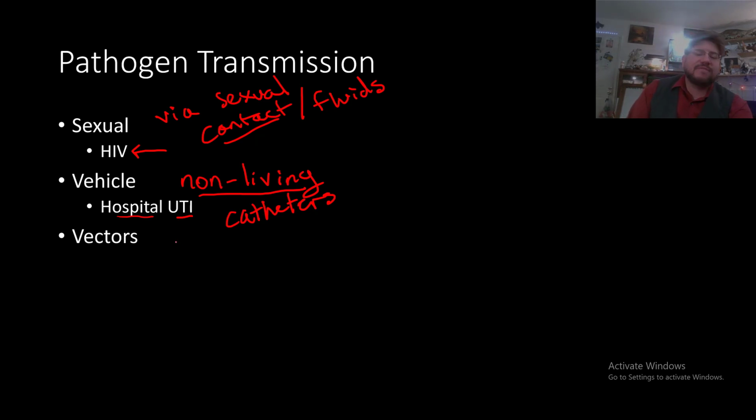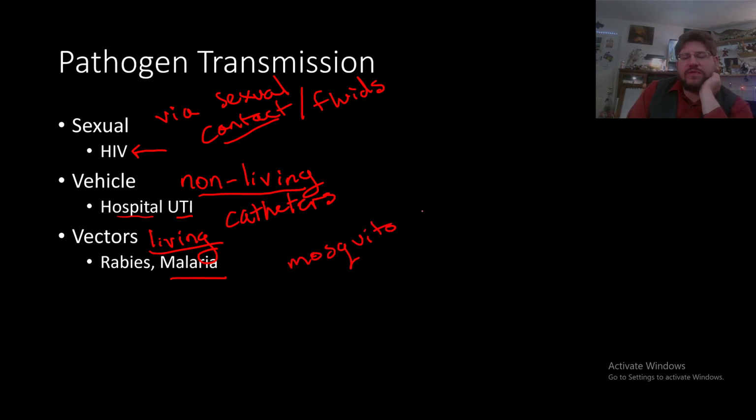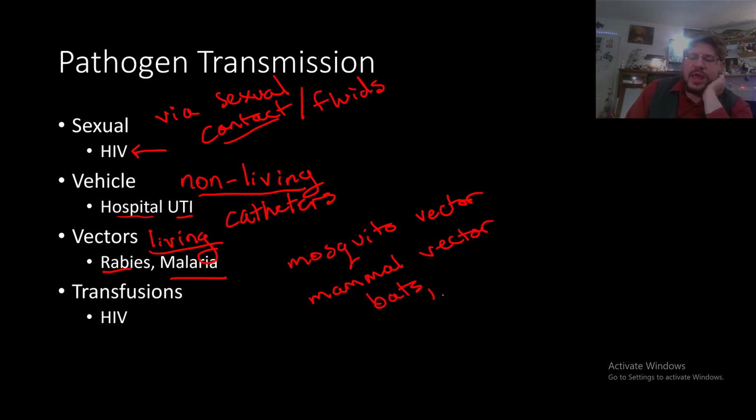Then we have vectors, which are living transmission things. Malaria, we talked about, is transmitted by a mosquito vector. Rabies is generally transmitted by some kind of mammal vector. Common ones would be bats and canines.